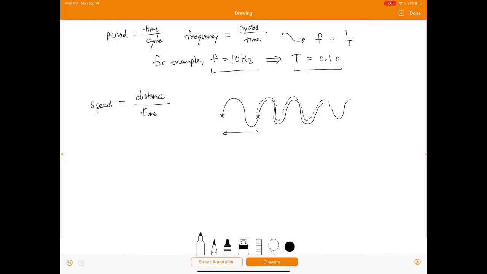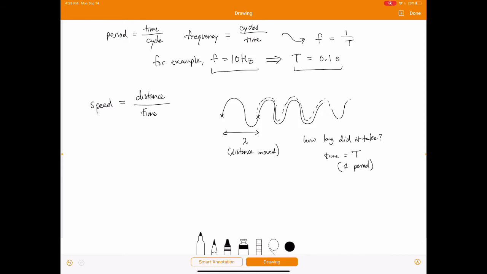So what distance has the waveform moved? Well, this is one wavelength. But if I ask how long did it take for the waveform to move over that far? Well, the time is one period.